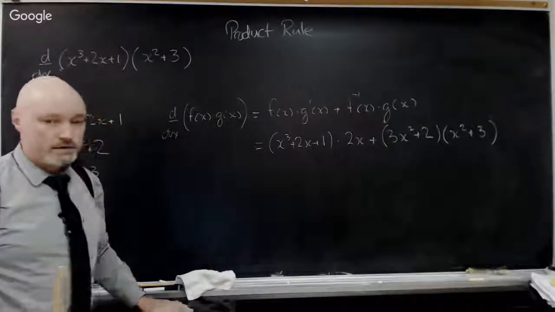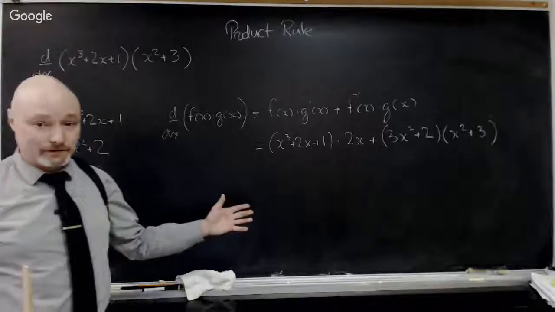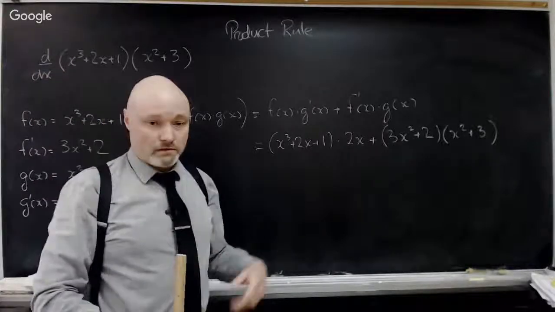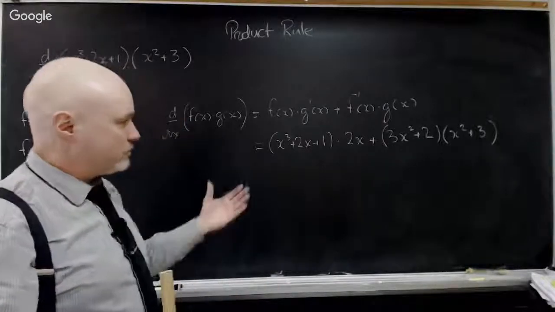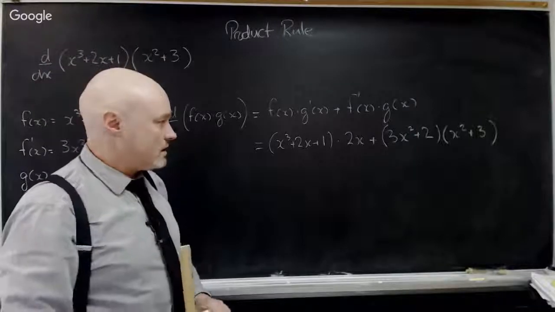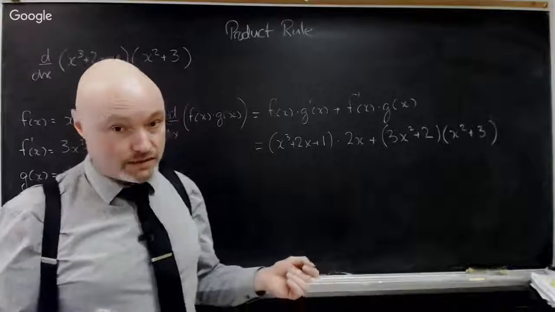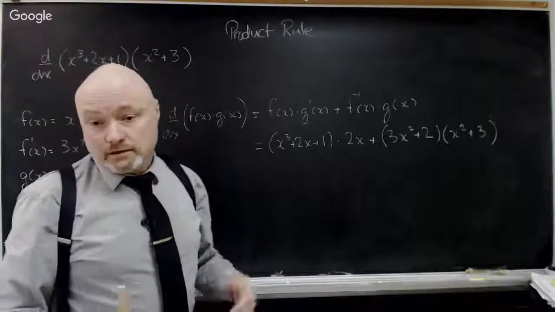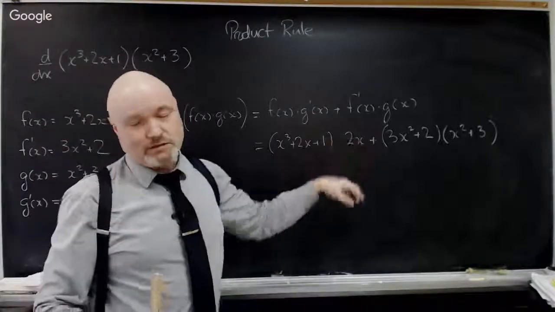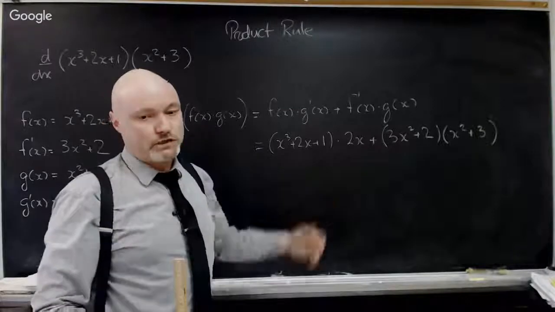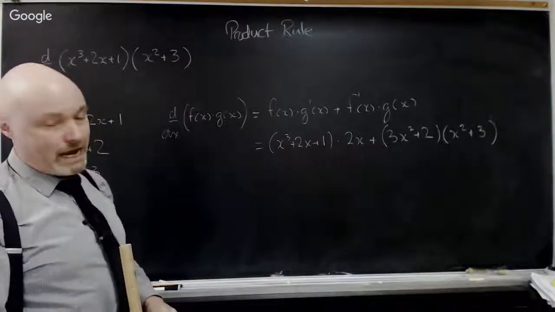And at this point, we actually just leave it alone. Rather than expanding it and collecting like terms, we will just leave it alone. You might be asked to find the slope of the tangent at some point, in which case you just substitute that point into that expression and do the math.